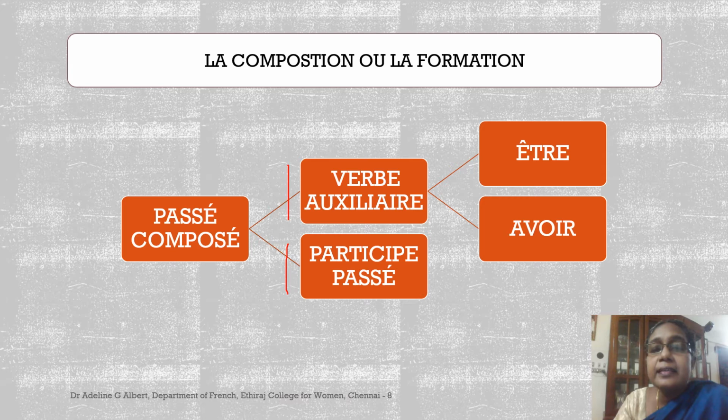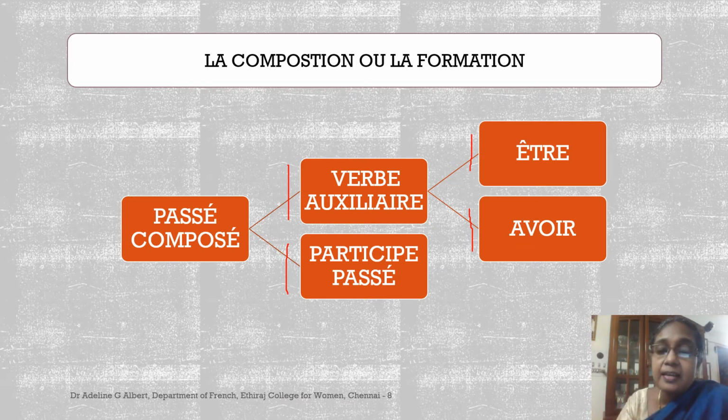And once again, the auxiliary verb has two types, the verb être and the verb avoir, which we learned way back in the first semester when I told you that these two verbs you have to memorize, you cannot forget, because you will be learning them, repeating them all through your life.